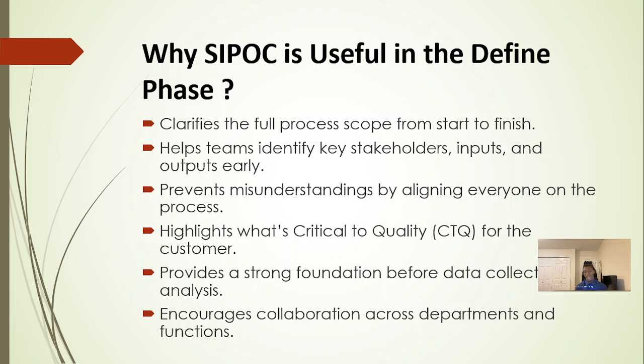It highlights what's critical to quality for the customers, what matters the most, so what we should spend time on. SIPOC also provides a strong foundation for data collection and analysis. And finally, it encourages collaboration across departments and functions.